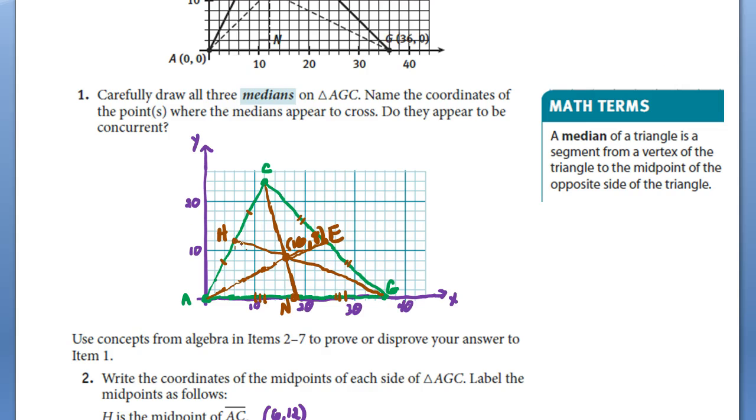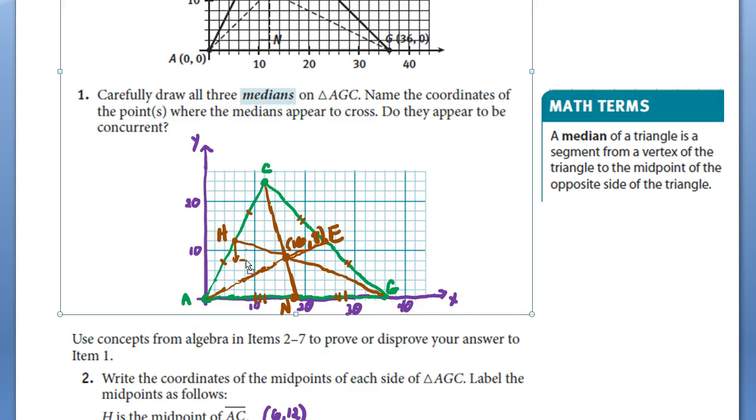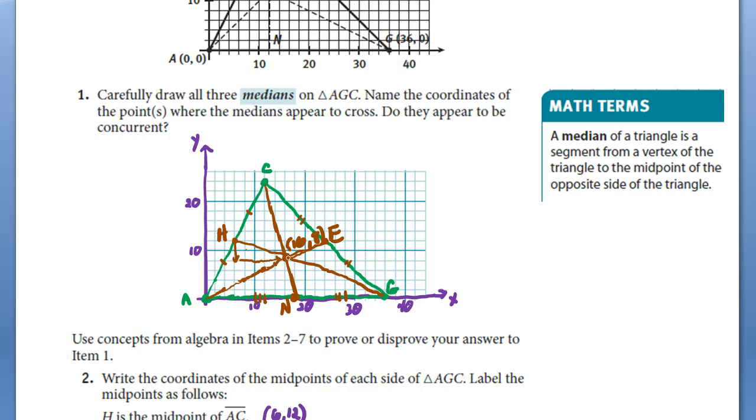So median GH is this one right here, and it looks like the slope maybe goes down 2 units and then right 5 units, ending up at that dot right there. So negative 2/5 for the slope. And we also know for sure that this point at 36, 0 is on that line.